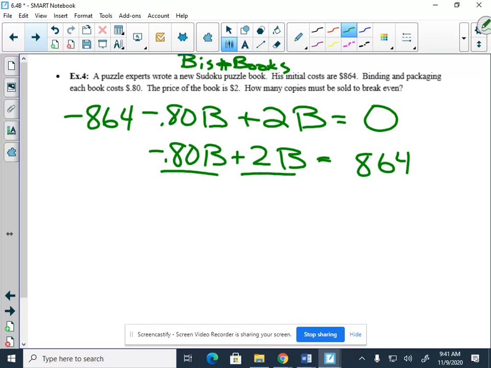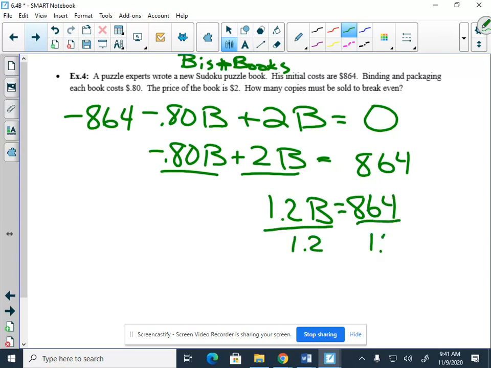I'm going to put the like terms together. We get 1.2 B equals 864. We're going to divide by 1.2. He has to sell 720 books.